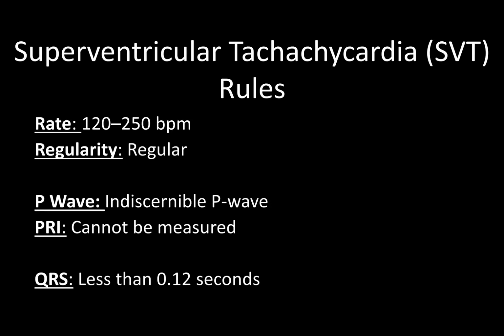So, supraventricular tachycardia rules, SVT. It's going to be fast. One of the faster rates you may encounter. But it will be quite regular. That's one of its hallmarks, that it's going so fast that it has no choice but to be regular. You're not going to be able to see any P waves because they're likely hidden in the preceding T wave in most cases.